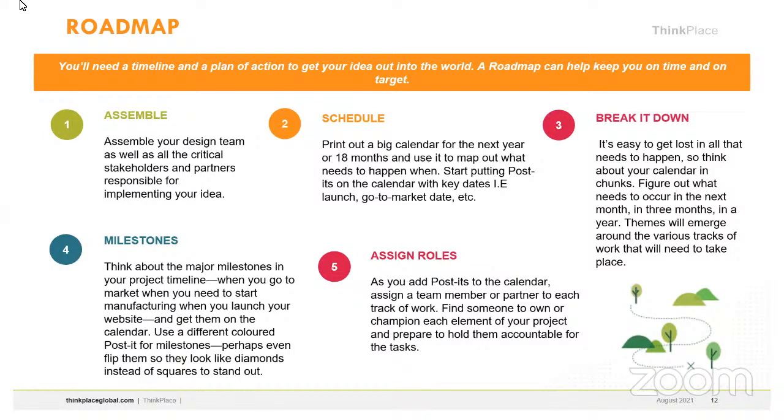Then it says milestones. Think about the major milestones in your project. When you need to start manufacturing, when you need to launch your website, and get them on the calendar.